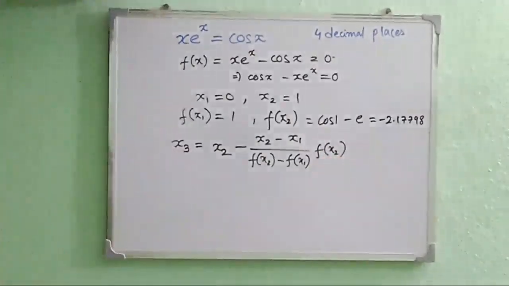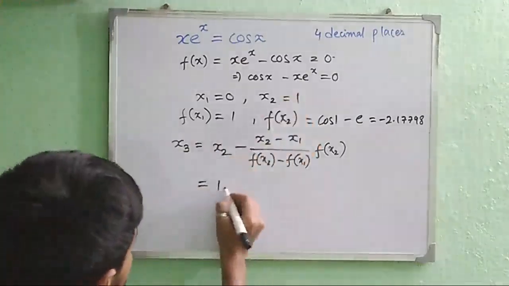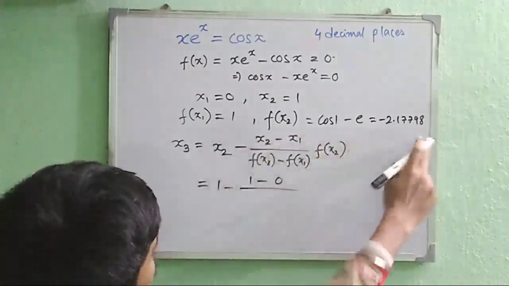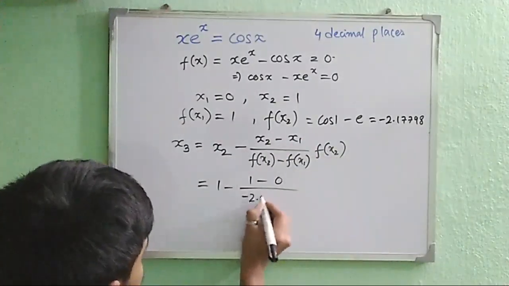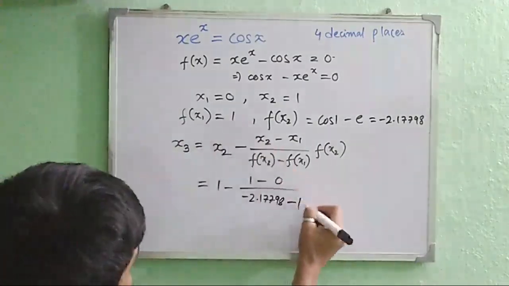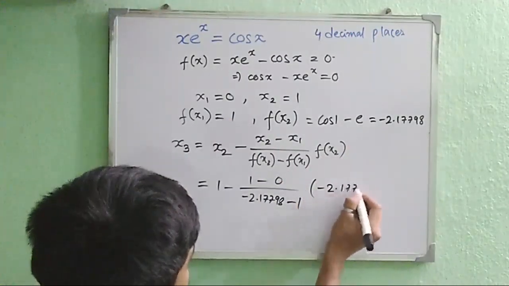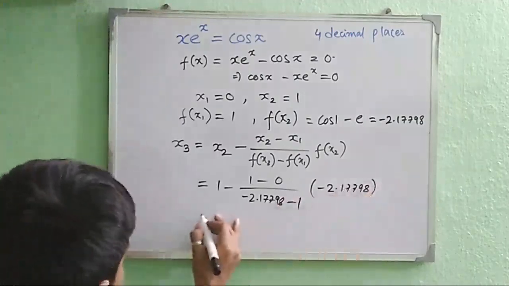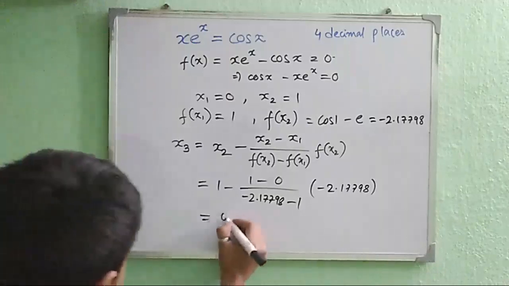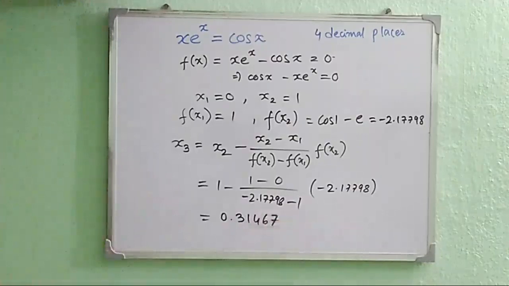Here x2 is 1, so 1 minus 0, divided by minus 2.17798 minus 1, into minus 2.17798. After calculating, the answer that comes out is 0.31467. So this is our x3.